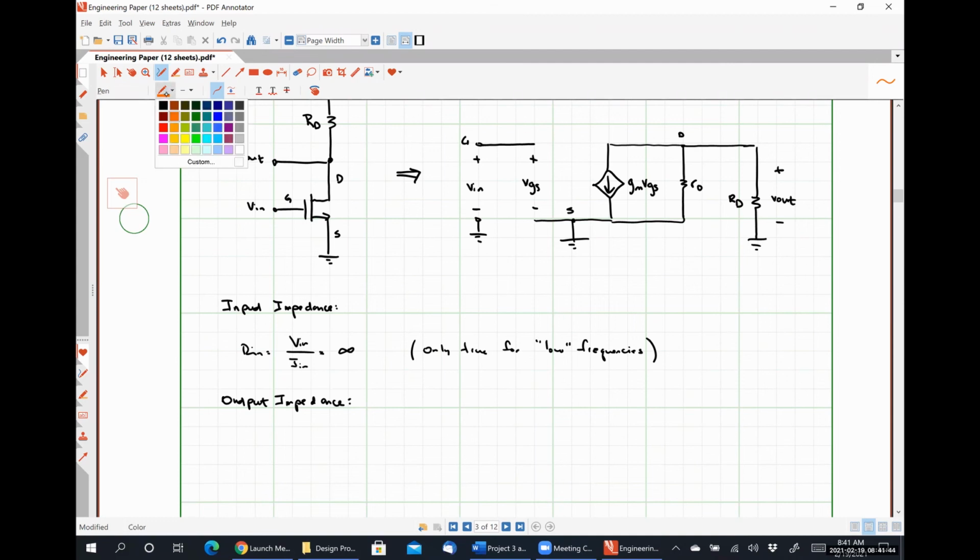So anytime that we took our output impedance, we had to short circuit our input terminals. Then our output impedance was simply the ratio of that voltage V out, as if we had applied a test voltage source there, divided by, it might be better if I draw a little source here.